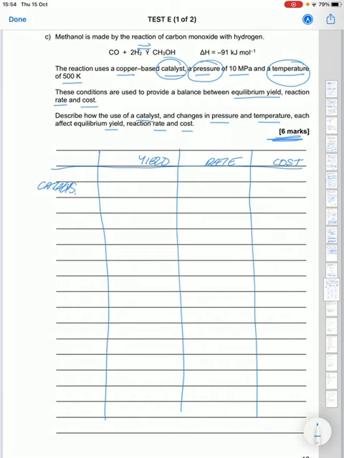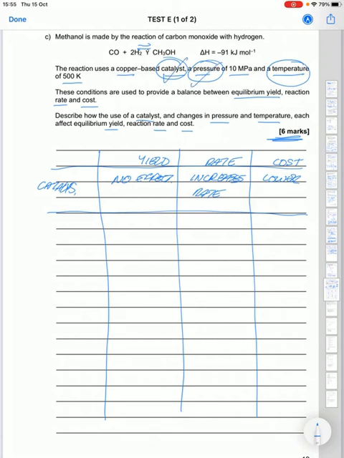A catalyst doesn't shift the equilibrium either way, so that has no effect. It increases the rate, which is good. And the cost, well, it's certainly lower than having a higher temperature, so it lowers the cost. There's one of them done, I reckon.